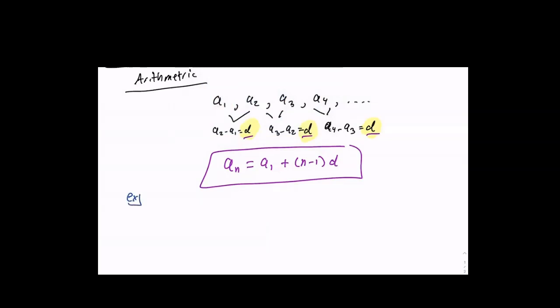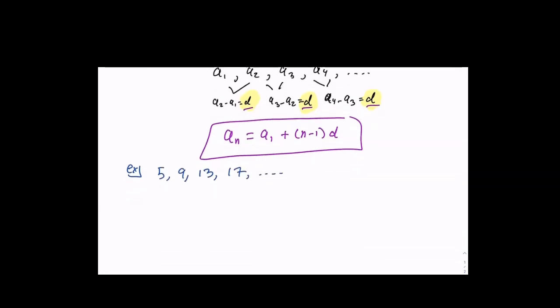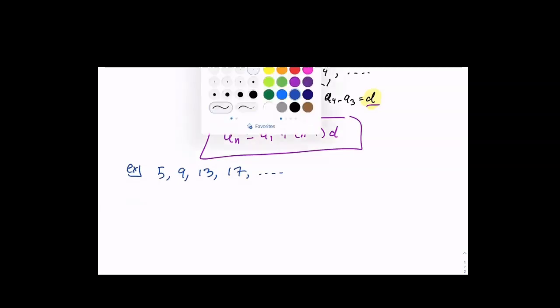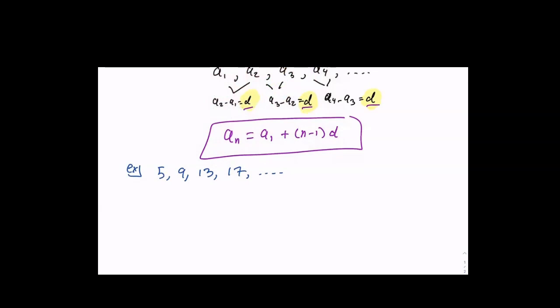So for example, if I have 5, 9, 13, 17, dot, dot, dot. If I wanted to confirm that this is an arithmetic, if I subtract here, I get 4. Subtract here, I get 4.